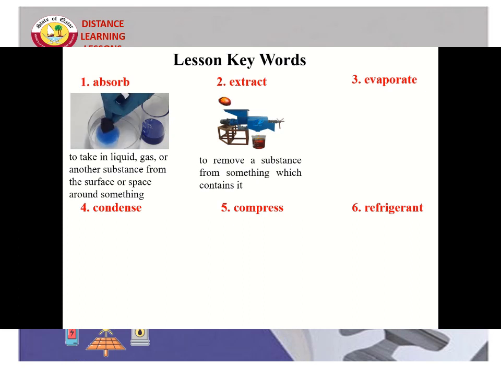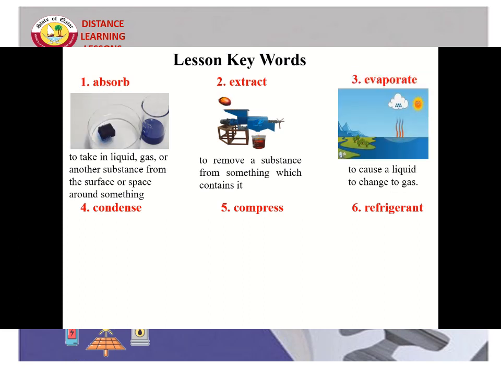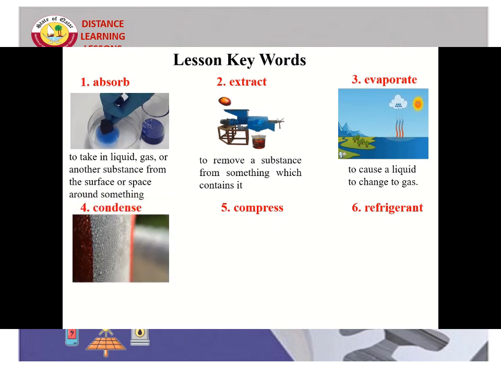Evaporate means to turn to gas, or to cause a liquid to change to gas. For example, plants keep cool during the summer by evaporating water from their leaves. Condense means to become liquid.